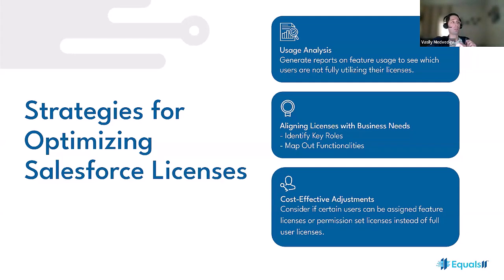Another interesting thing here is the free licenses that Salesforce gives you by default. Once you buy the edition, they provide you, for example, integration licenses. And quite often companies don't look into that. They have at least 10 integration licenses.